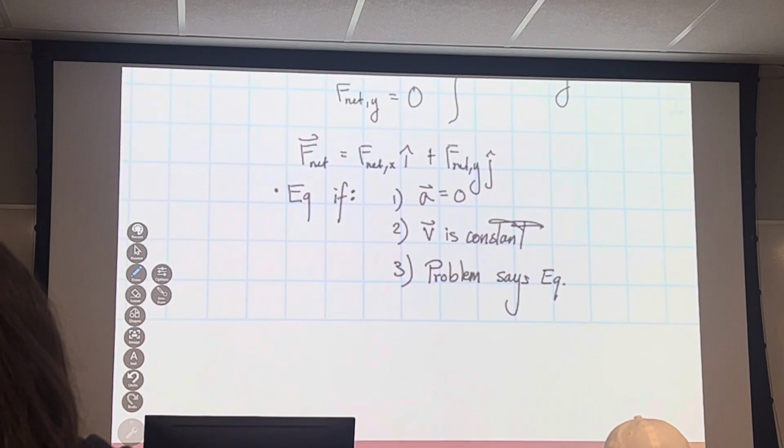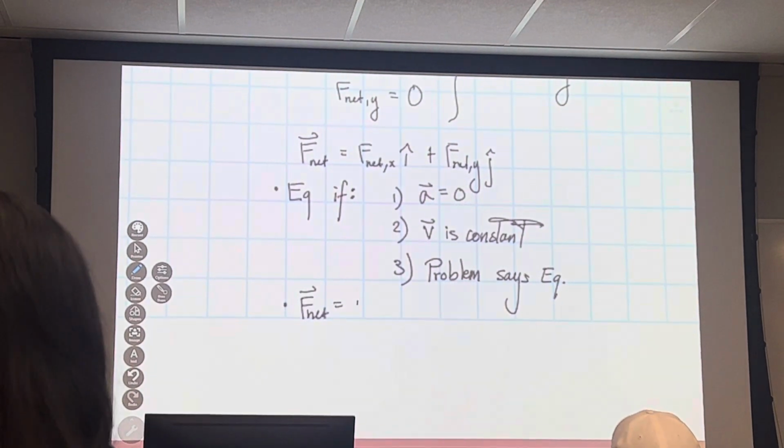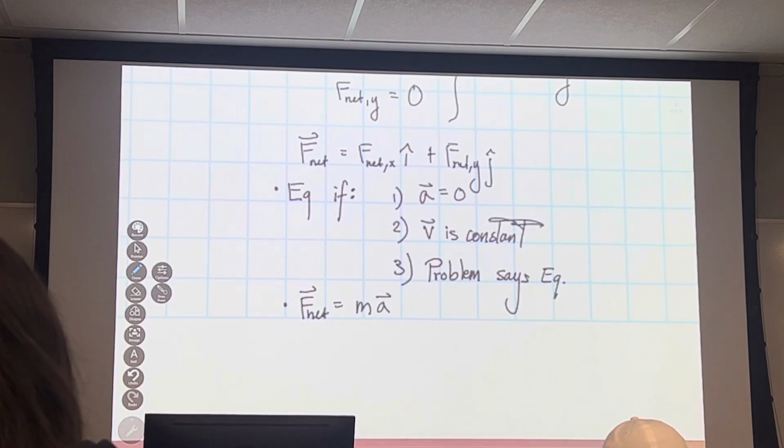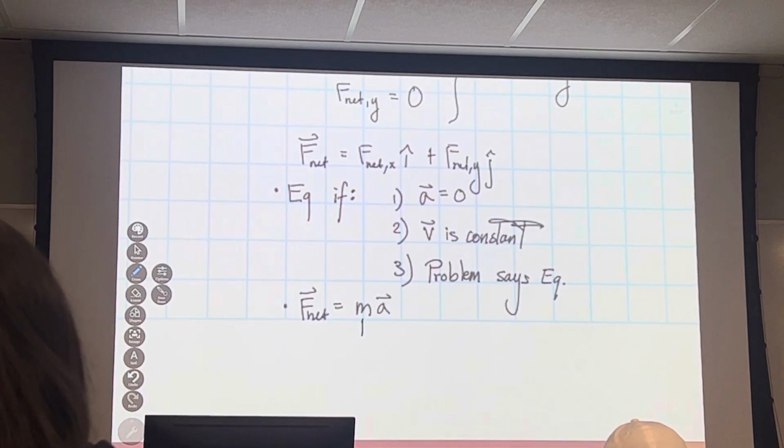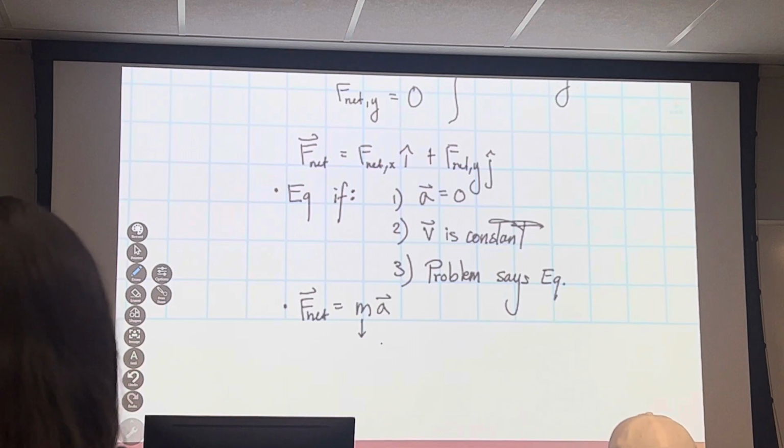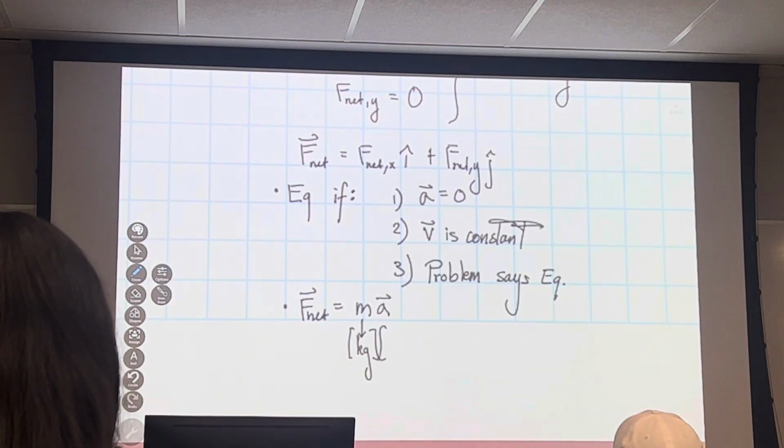Now, also for completion, let's go over the units. I don't think I went over that yet. F net is equal to ma. What are the units for mass? Kilogram. What about acceleration?